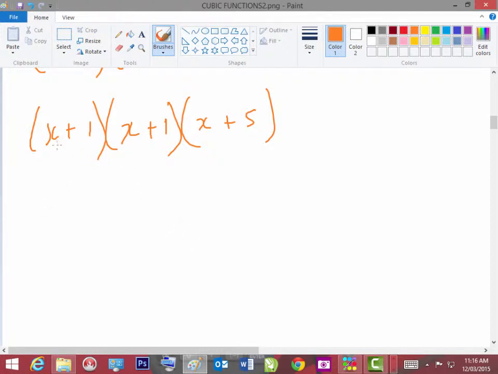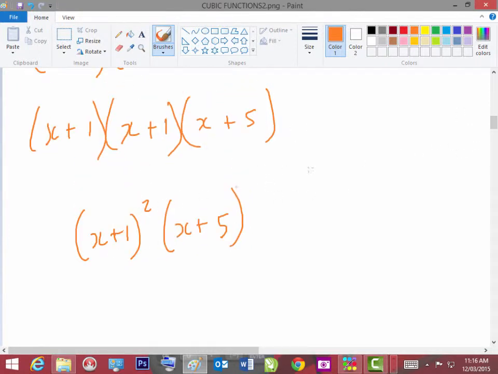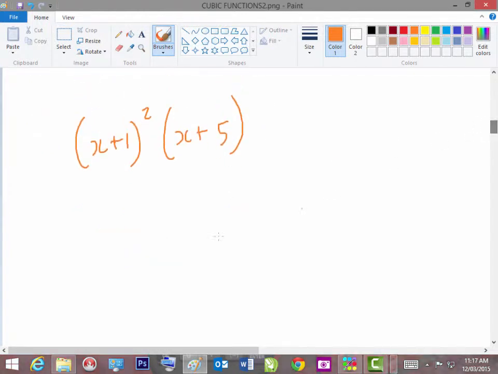We have here x plus 1, so it's x plus 1 squared, meaning the graph will touch at -1, will not cross because this part is squared. So at -1, my graph will just touch there, and at -5.